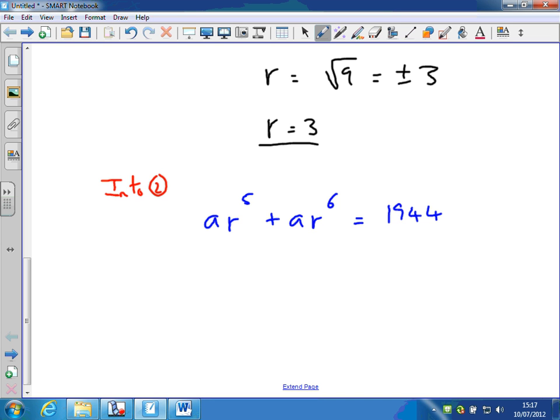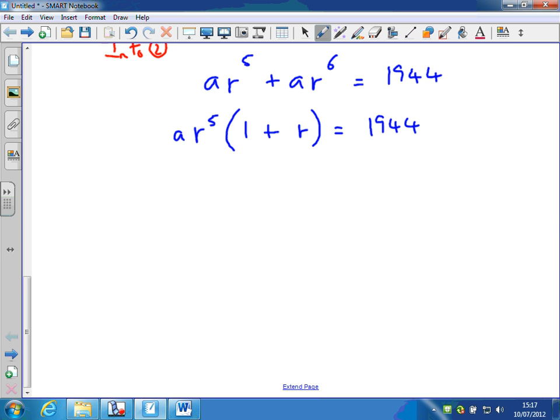Making life a bit easier for ourselves, I can take AR to the 5 outside the bracket. So AR to the 5 into 1 plus R equals 1944. I can now divide both sides by R to the 5. So A into 1 plus R equals 1944 over R to the 5.